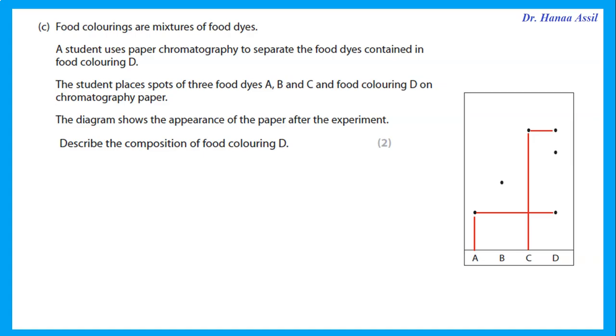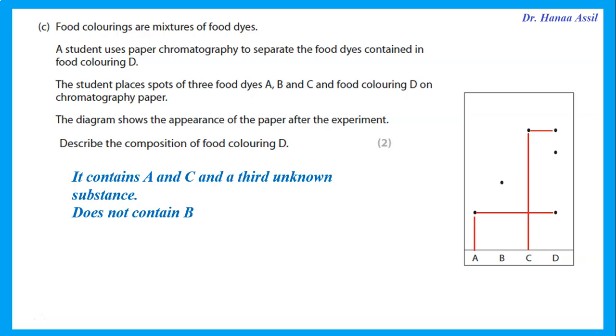We have the spot going up the same height as A, and we have a spot going up the same height as C, and that means that D contains A and C. It doesn't have B because it doesn't have a spot the same height as B. And at the same time, D has a third spot which is unknown. It's not similar to any of the others. So we say it contains A and C and a third unknown substance, but it does not contain B.